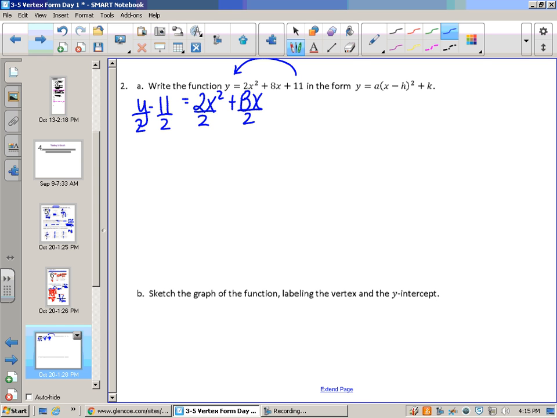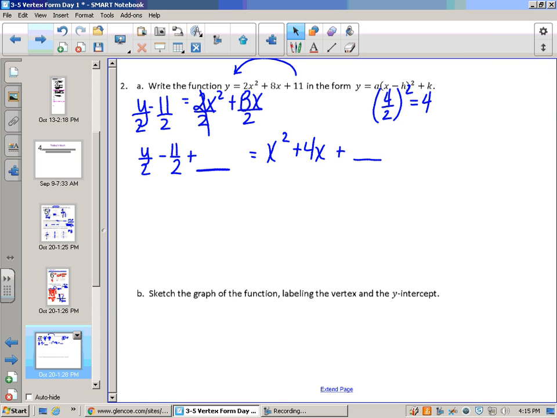So here I have y over 2 minus 11 over 2 plus something is going to equal x squared plus 4x plus something. So I need to complete my square here. So I'm going to say, okay, what is 4 over 2 quantity squared? 4 over 2 is 2, 2 squared is 4. So that's what I'm adding to both sides to complete the square. So on the right-hand side, I have x plus 2 quantity squared.